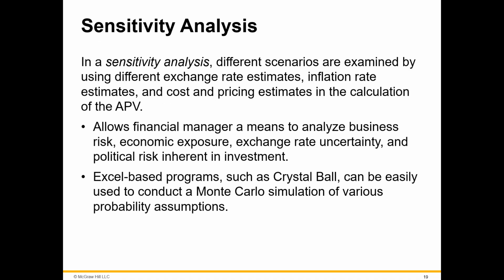A last sort of thing we can think about is a sensitivity analysis. So sensitivity analysis is where you would take different scenarios, right? So you have your APV, you run all the stuff in the APV, you get an APV number, but then you redo the analysis with different revenues or different expenses.